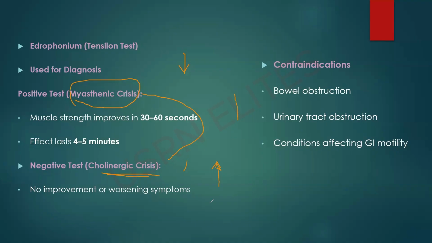You're going to have the symptoms worsening, or there will be no improvement. I have something to show you on the next page. Let us talk about the contraindication, then I will show you on the next page.